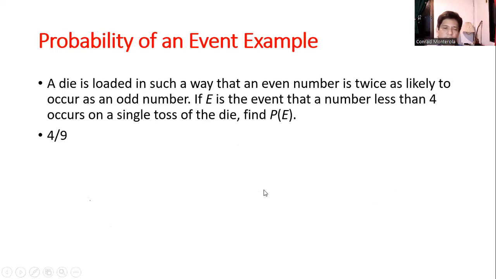Let's tackle another example. A die is loaded in such a way that an even number is twice as likely to occur as an odd number. If E is the event that a number less than 4 occurs on a single toss of the die, find the probability of E. First, let's calculate the probability that the number will be odd.